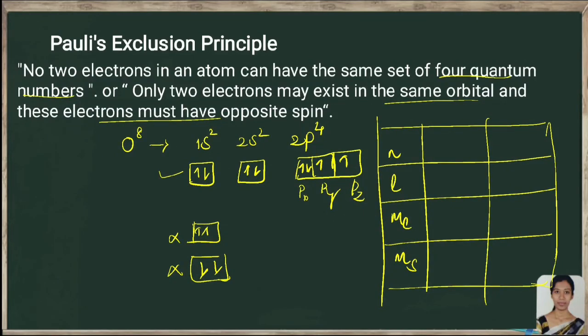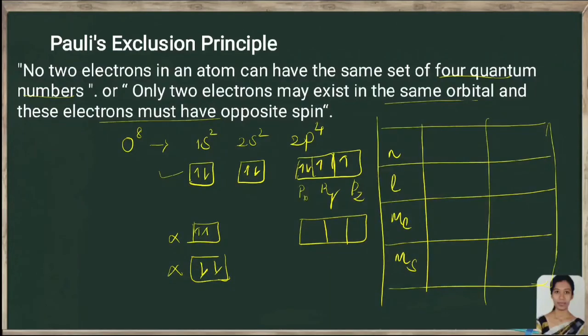Let it be this. These are the 4 electrons. I am considering this electron and this one, the px electron and the pz electron.